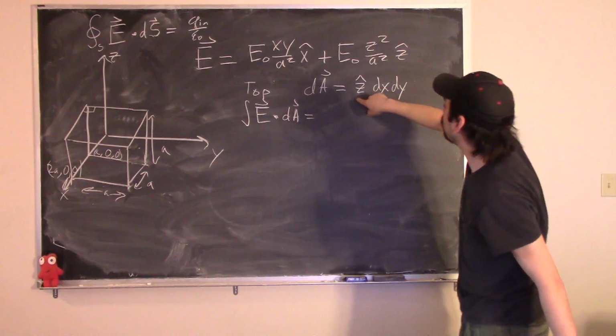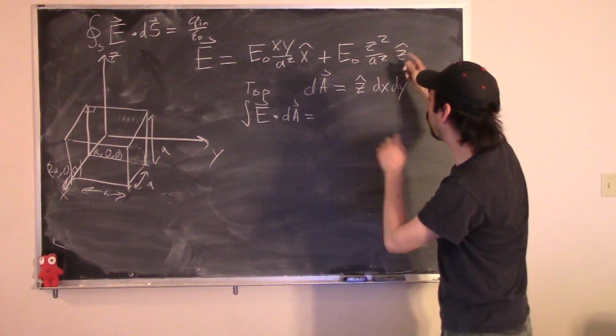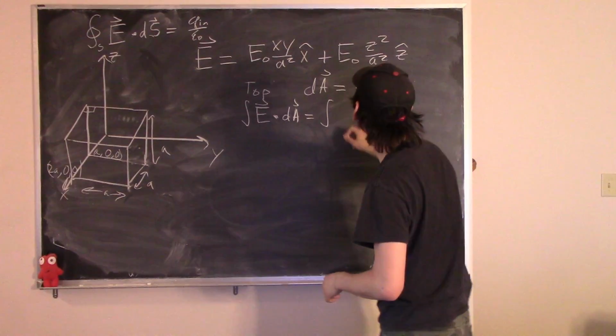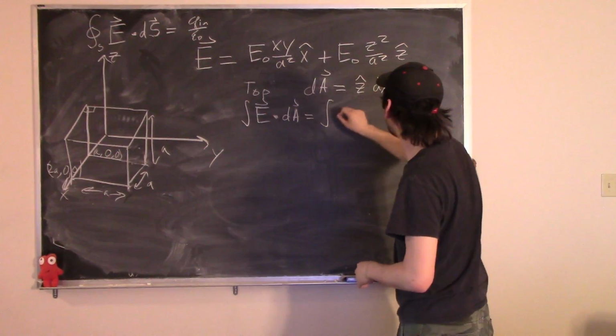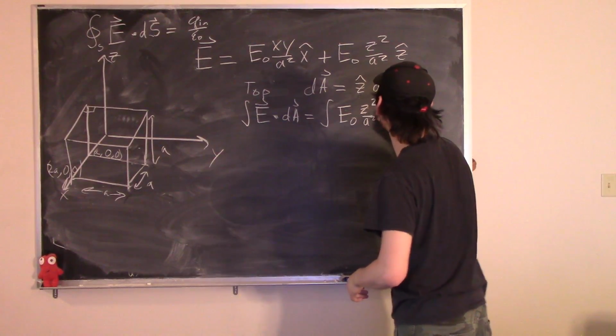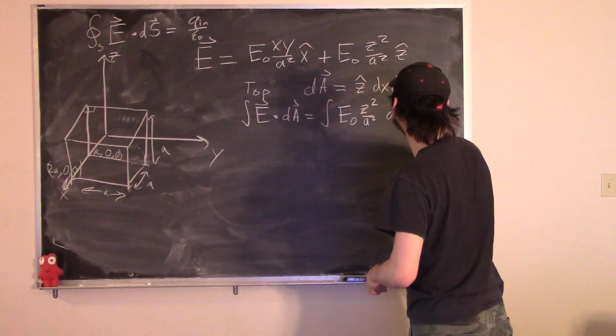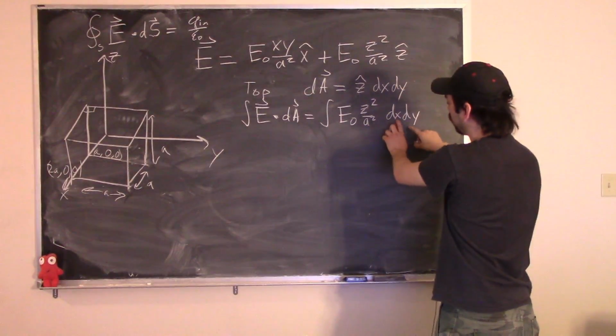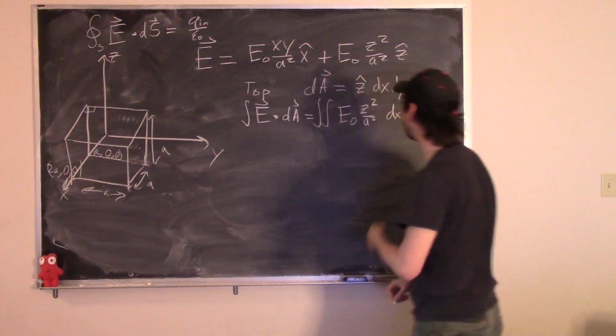And then when I do z hat dot z hat here, I'm going to get 1. So the term that we need here is just going to be this E0 z squared over a squared times dx dy. And because I have 2 infinitesimals here, this is going to be a double integral.